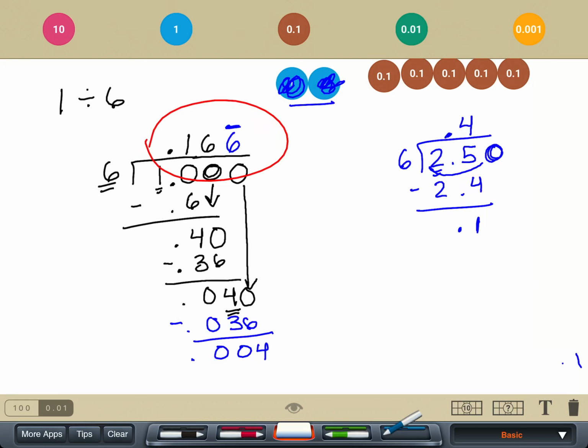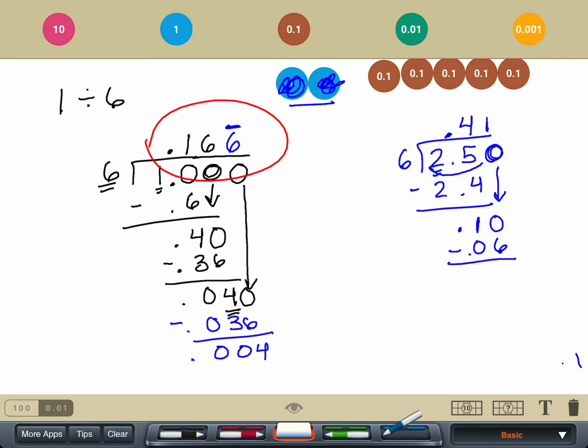If we only have 1 tenth, but we have 6 parts, we're going to need to add a 0 there and rename that 1 tenth as 10 hundredths. Now we have 10 hundredths divided into 6 parts. Each part could get 1 hundredth.